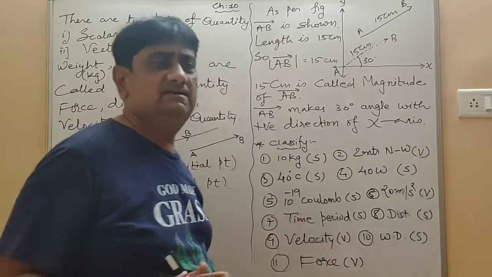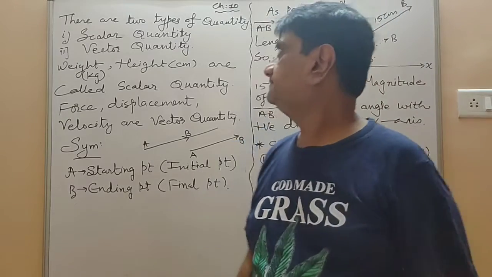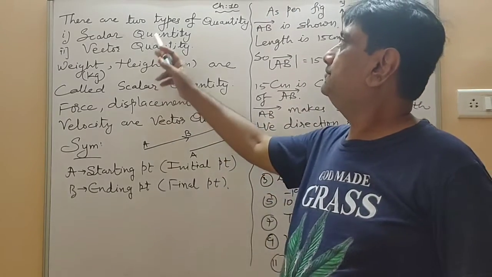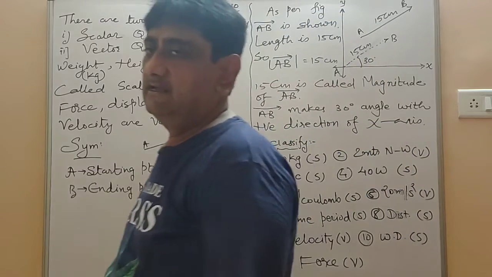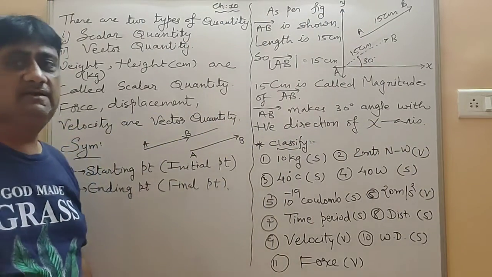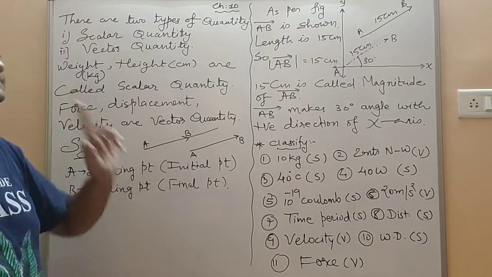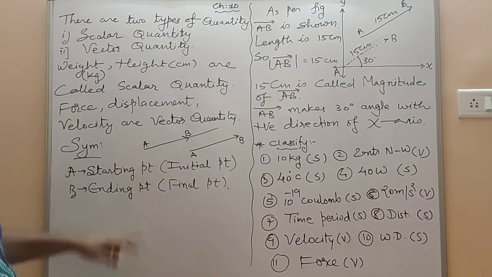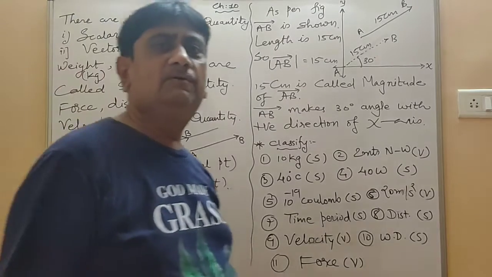You know these vectors in physics also, standard 11. There are two types of quantity, scalar quantity and vector quantity. Scalar quantity means the quantity having no direction.